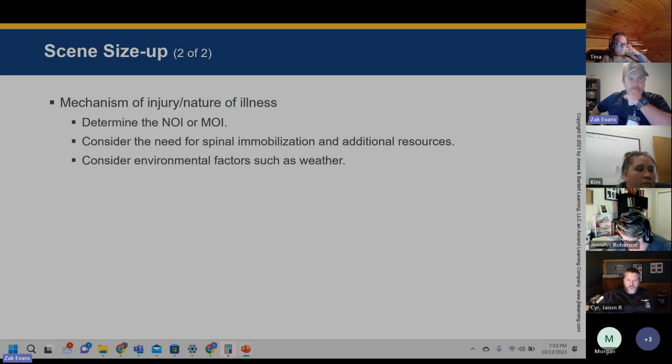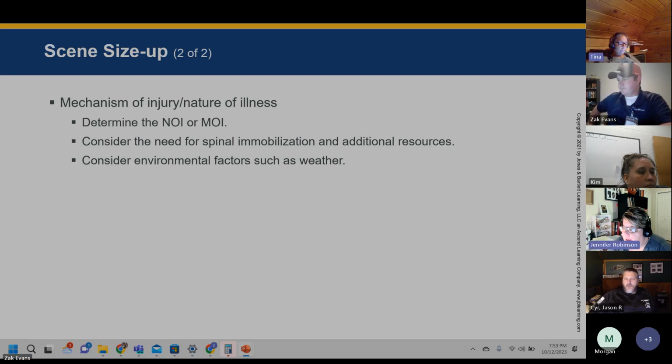We're going to try to figure out the mechanism or the nature of the illness. Consider the need for spinal immobilization if it's trauma related, and whether you're going to need additional resources. Also consider environmental factors such as weather. Why would weather be important with someone who's got massive blood loss? What is something we're worried about?